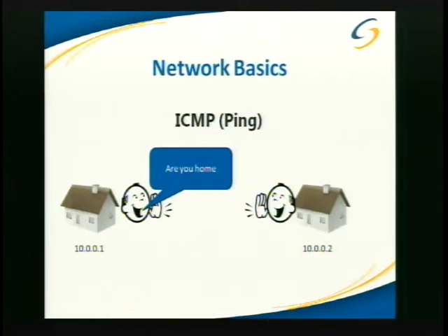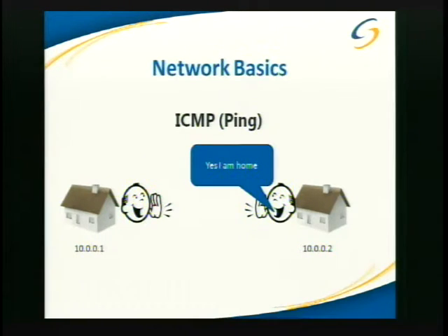So one of the things that ICMP is used for, probably everybody's familiar with, is ping. Ping is basically very simple. You send out an ICMP ping request, and basically you're yelling, hey, from 10.0.0.1 to 10.0.0.2, are you home? And 10.0.0.2 is going to respond, yep, I am home.